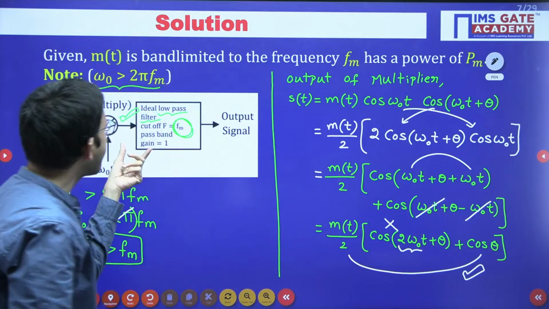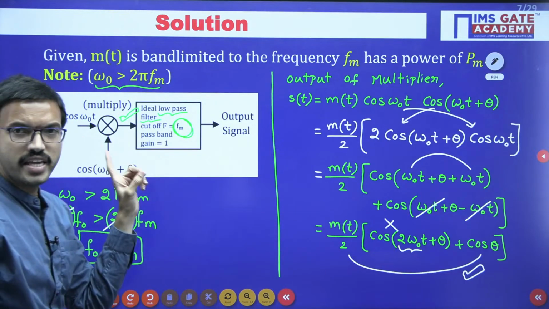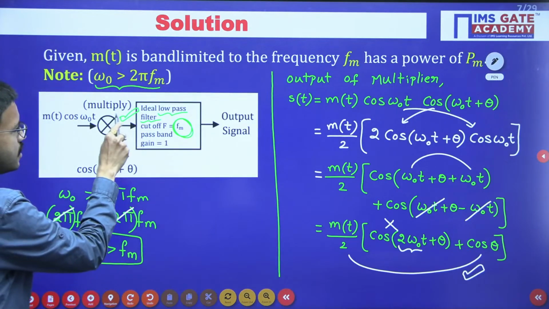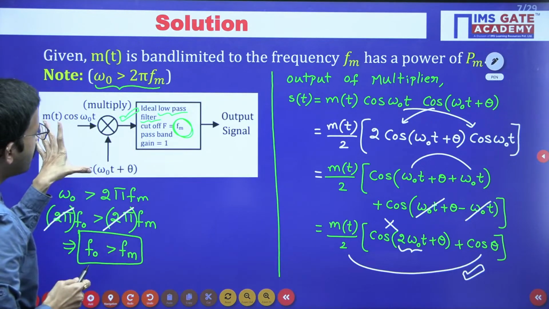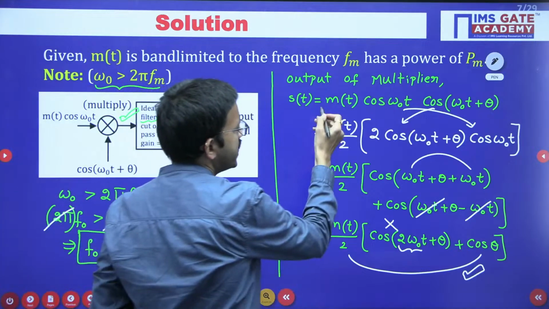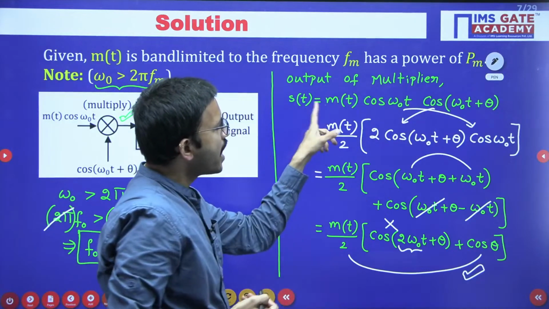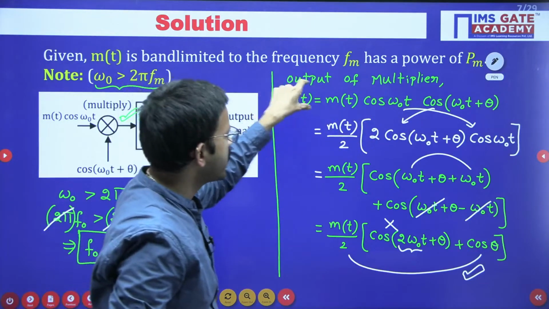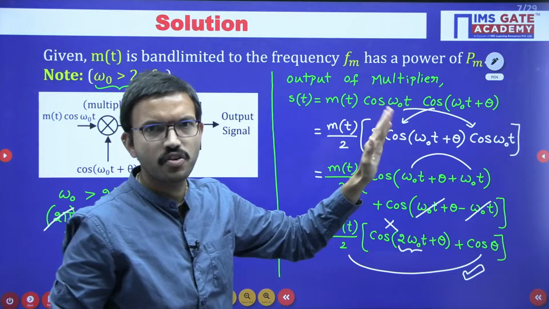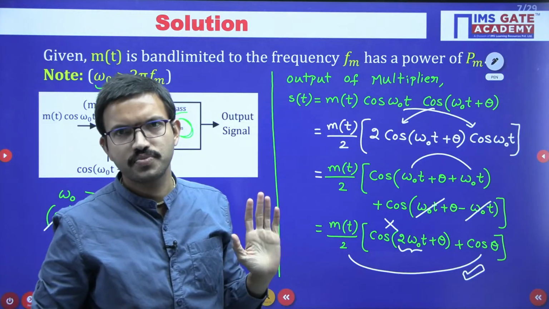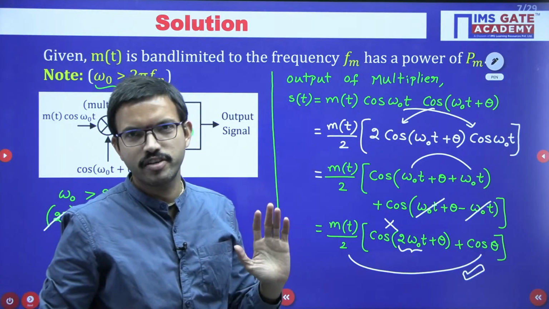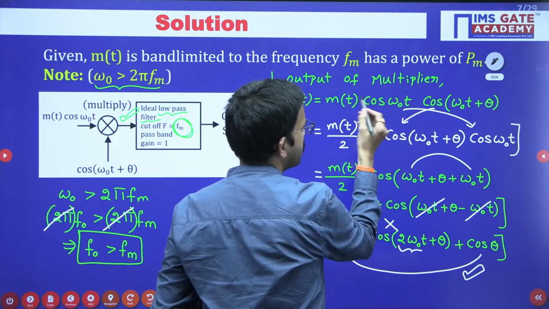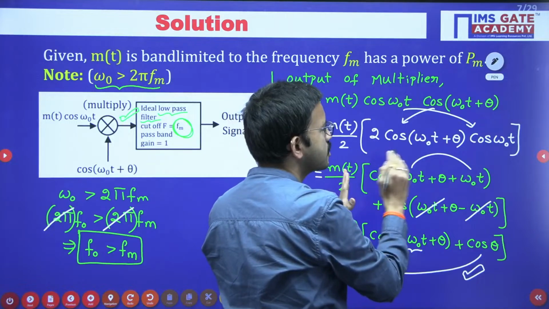So now after that, what are you having? Here the first and foremost observation point is about the multiplied signal that you are getting initially. If you are already having 2 in that particular expression, then there is no problem. 2 cos A cos B, you will write as cos sum plus cos difference.